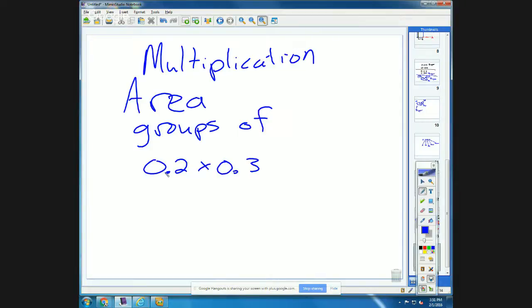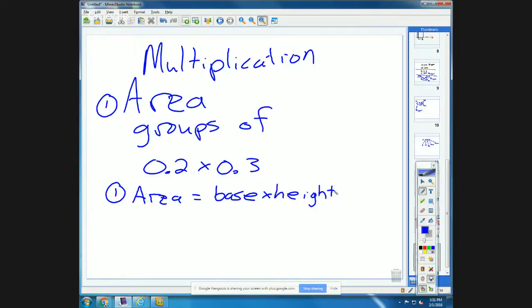So one option, if I go with the area, I would have to draw an area. And usually when I do area, I like to call them base and height. We talked about that with you before. Mainly because when I call them length and width, I get confused about which should be which. So I could draw a base of 0.2 and a height of 0.3, and then see if we can come up with an answer. We'll do that in a second.